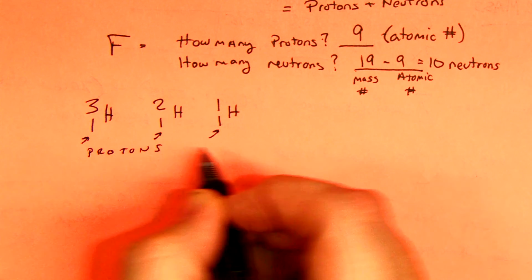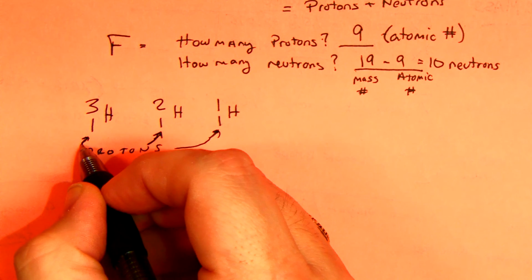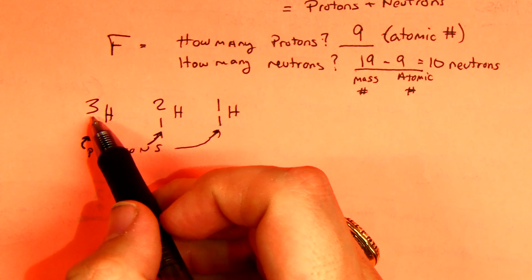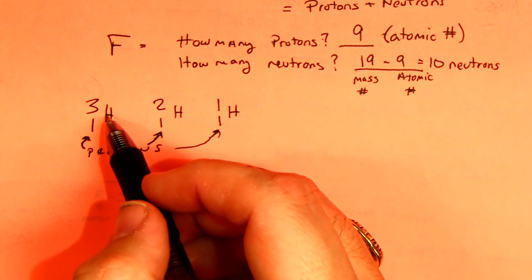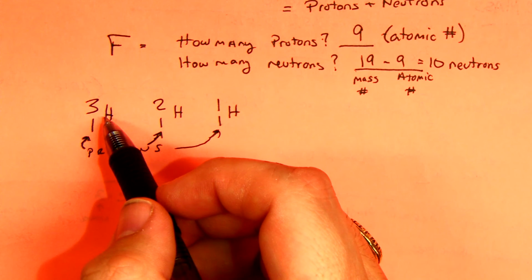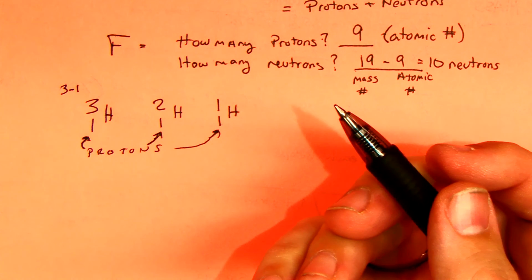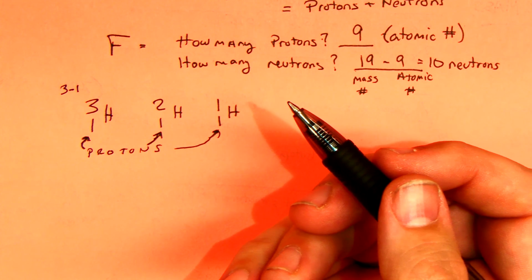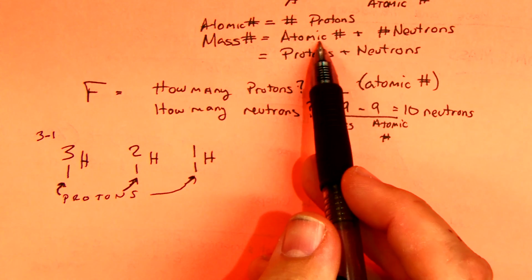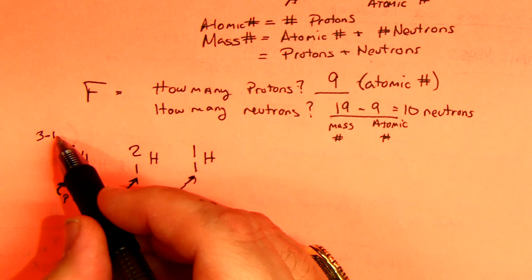Now, when you see 3,1, this is an isotope. This is tritium. So, how many neutrons are in this hydrogen? 3 minus 1. You actually have to subtract, because the mass number, remember, is protons plus neutrons. So you subtract these two numbers, and you get 2. This is 2 minus 1, which is 1. This is 1 minus 1, which is 0. So you get 2 neutrons, 1 neutron, 0 neutrons.